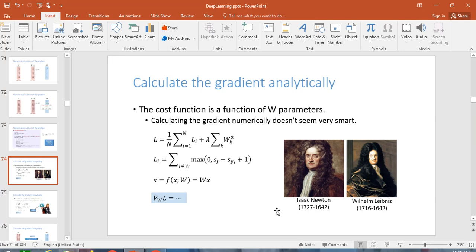We calculate the differentials of a function L with respect to W. The number of parameters is several hundred million. The number of parameters can be even larger, and this is a problem, and it is impossible to calculate them manually, but we do not do this.